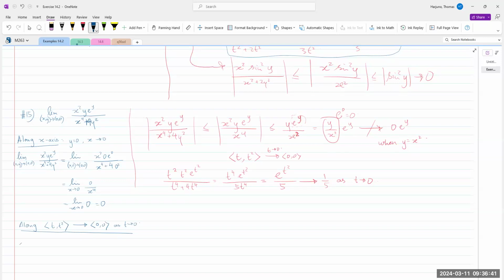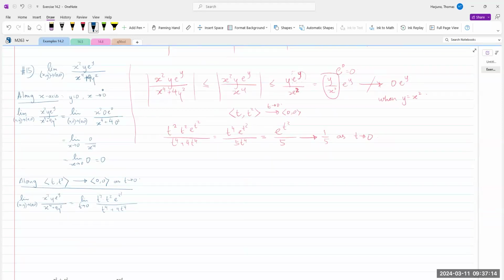Okay, so we have the limit as (x,y) goes to (0,0) of x squared y e to the y over x to the fourth plus 4y squared equals the limit as t goes to 0 of t squared times t squared times e to the t squared over t to the 4 plus 4t to the fourth.